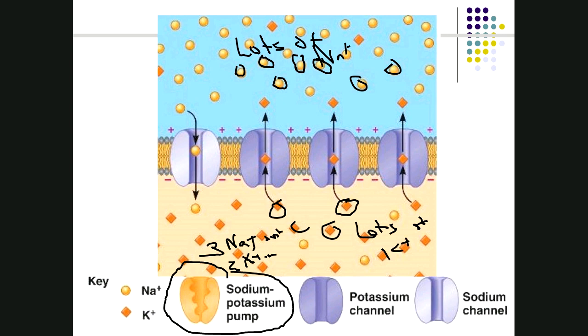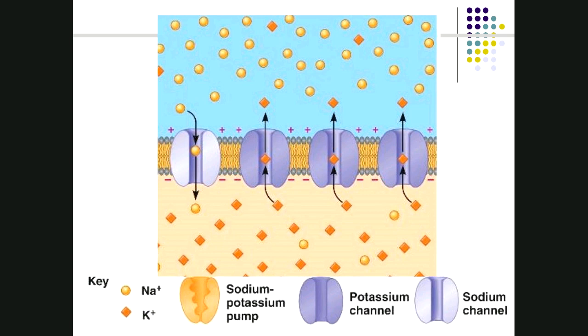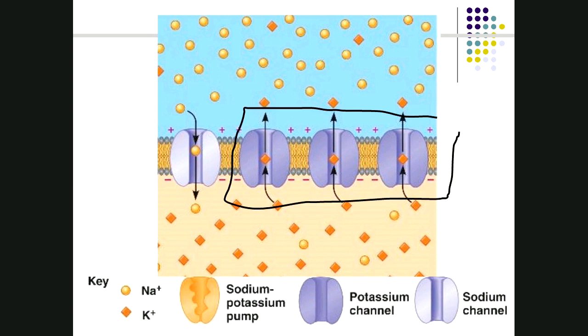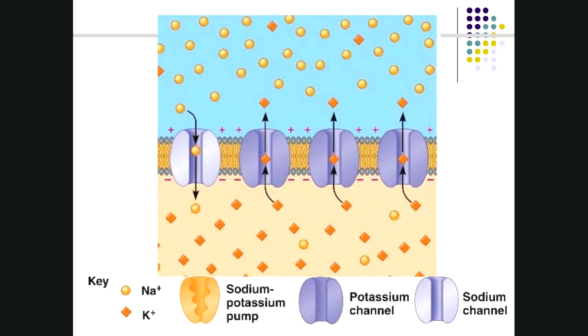And so if I let it, the sodium will go down its gradient. Well, we've got leak channels. So these are leak channels. So look what's going to happen. As soon as I build up this gradient, there's a sodium leak channel right there. Sodium's going to leak back in.